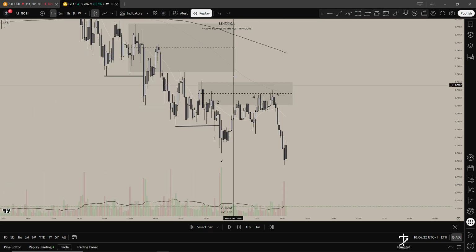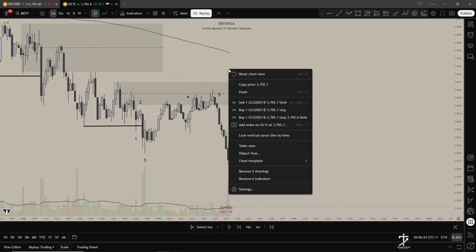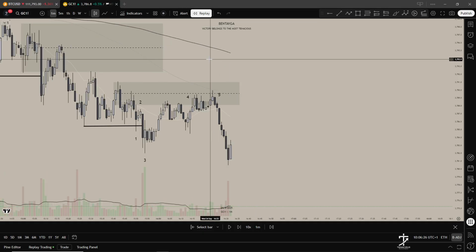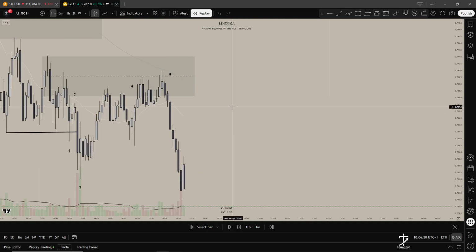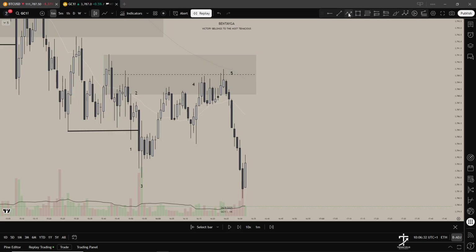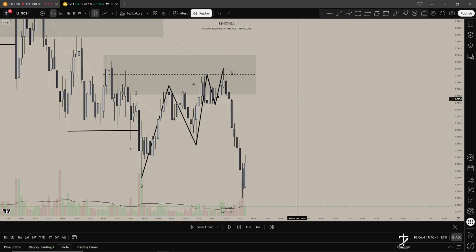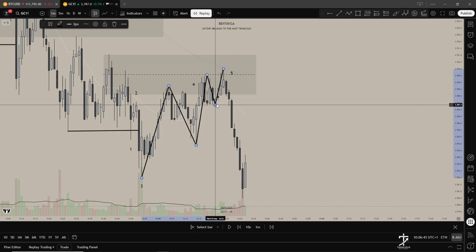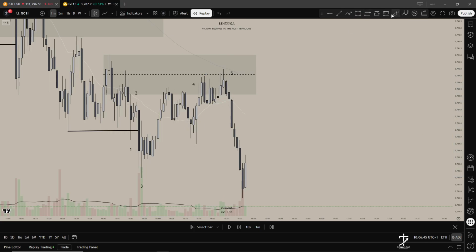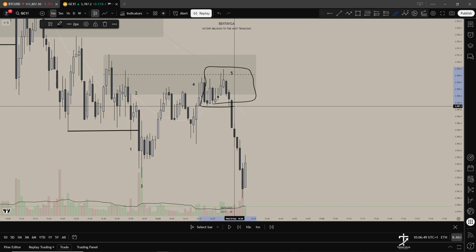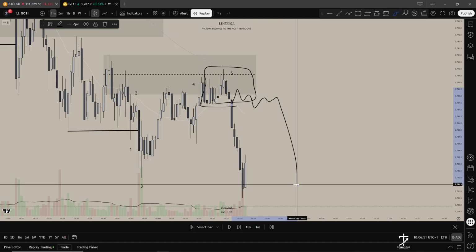If you're looking for an entry confirmation, you could probably use the 618. If you don't feel comfortable using the 618, then from a structural point of view, what have we done? We made a high, higher low, higher high, higher low, higher high, failed to make a new higher low, followed by a new higher high. So technically if price pulls back within this area here, you could look for something and get yourself in.